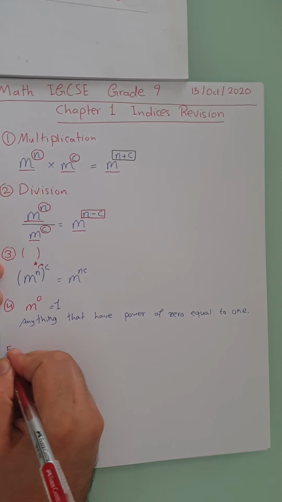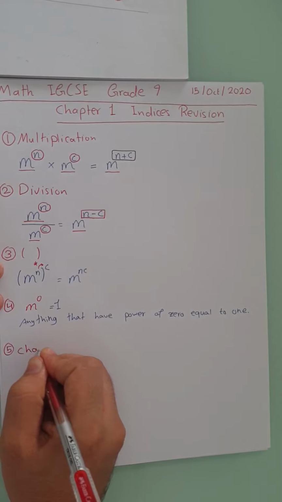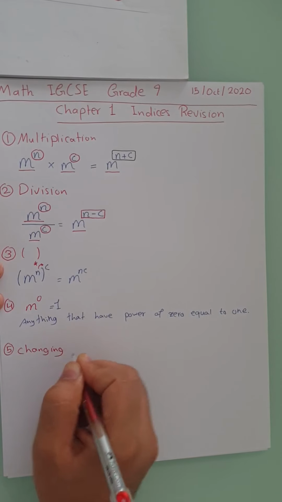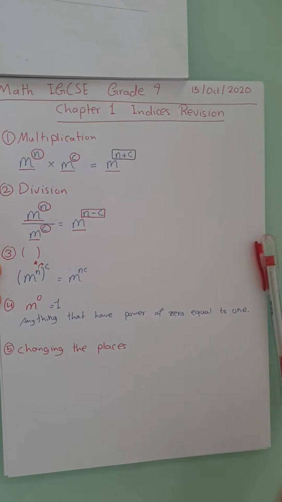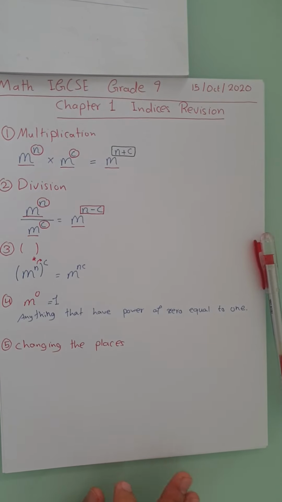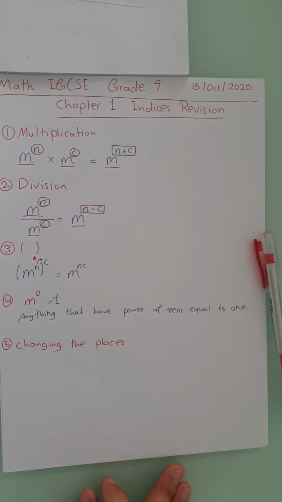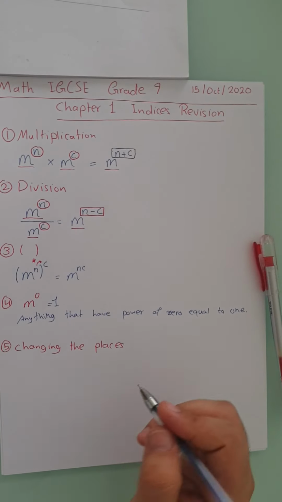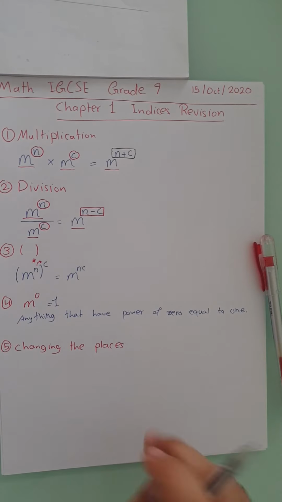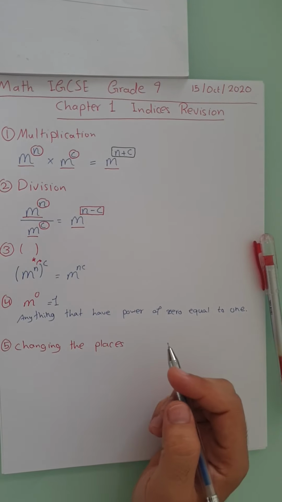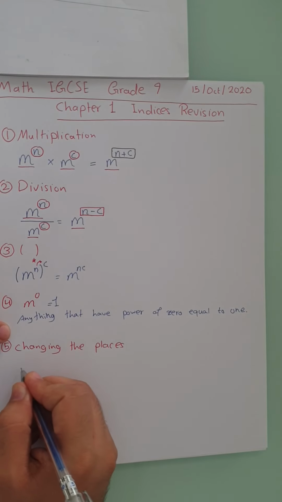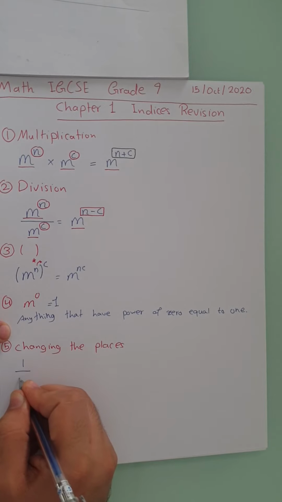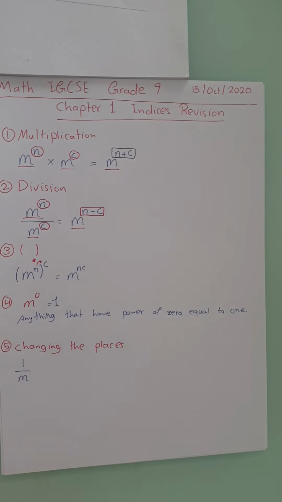One more thing, changing the places. When I change from numerator to denominator or vice versa, we always change the sign of the power. Powers have signs, positive and negative values. So for example, if I have 1 divided by m, if I don't mention what the power is here, it is 1.